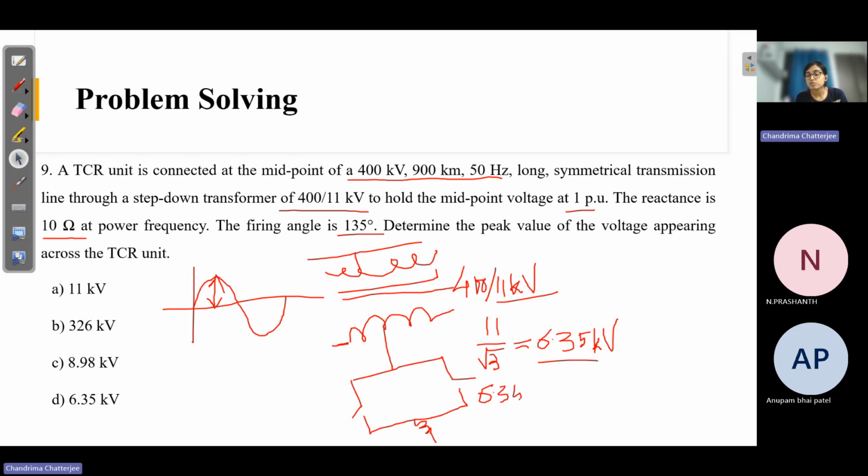That will be the peak value that the TCR unit has to withstand. So this is 8.98 kV. Remember always that these voltages are line to line voltage and RMS values.